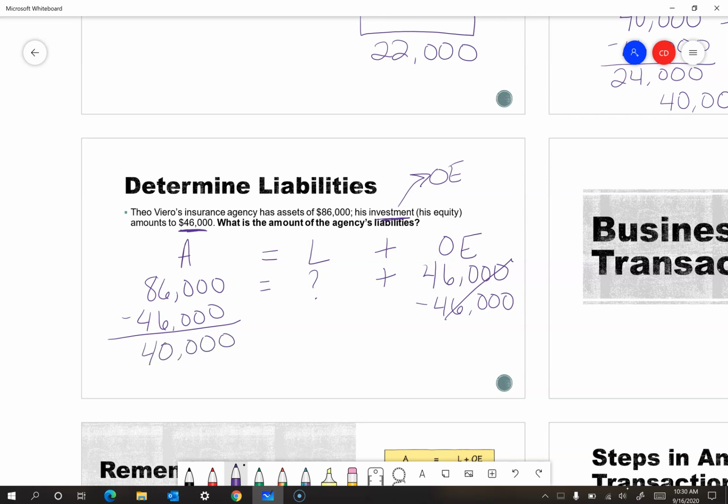And we find that the liabilities are equal to 40,000. So we can rewrite the equation. The original assets, 86,000 equals liabilities of 40,000 plus owner's equity of 46,000. So that's your basic accounting equation and some practice with having to balance it.